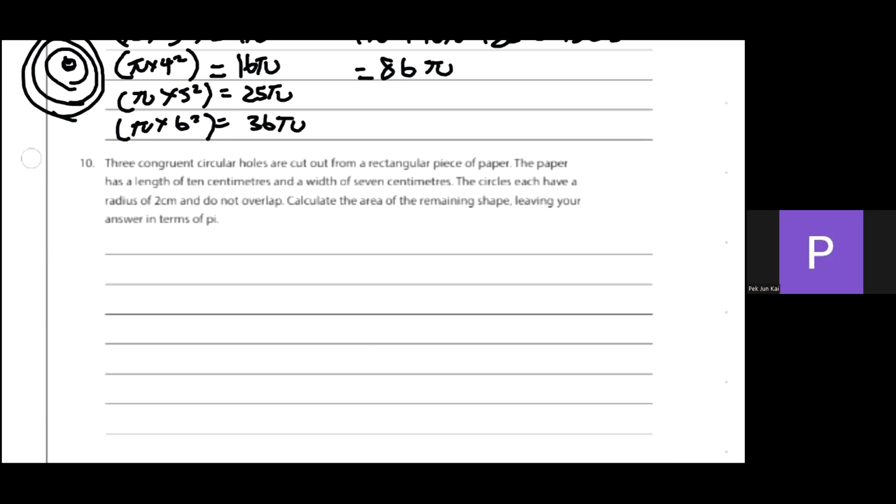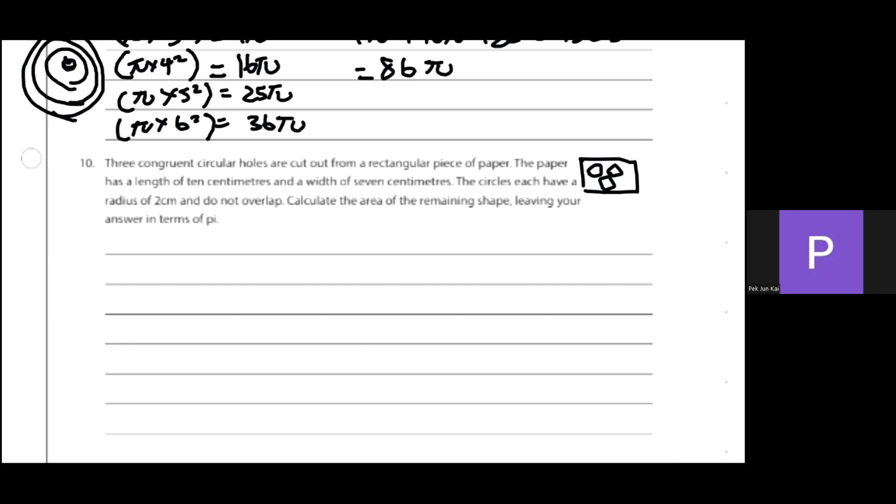So from this question, we know that there's a rectangular piece of paper with 3 circles on it that have a radius of 2 cm. So we need to find the remaining shape after we cut out the circles. So we can find the area of the circle first.